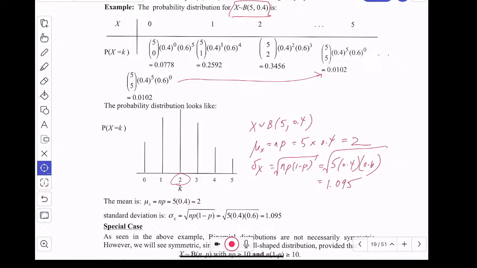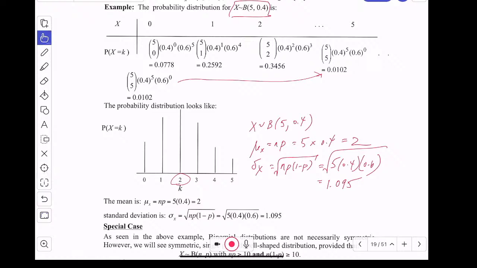So this is your first introduction to sampling distributions of a statistic. What I want to talk about next is when would we expect to see that this is symmetric?